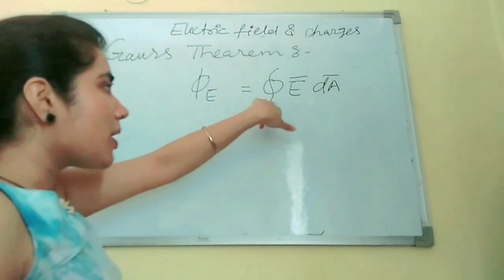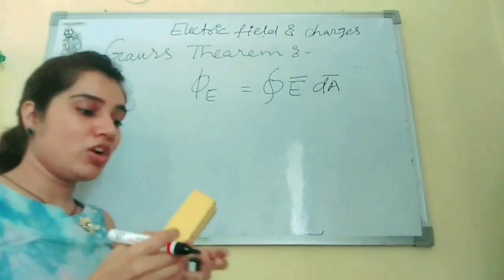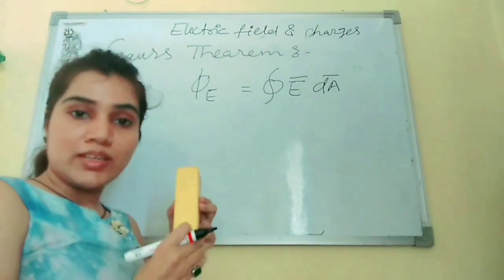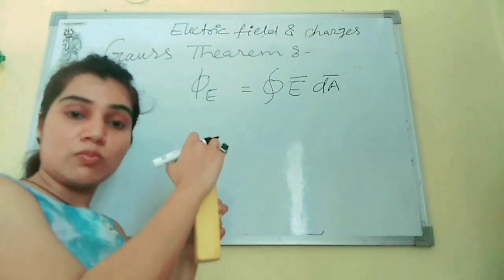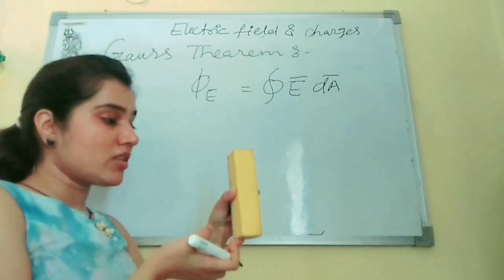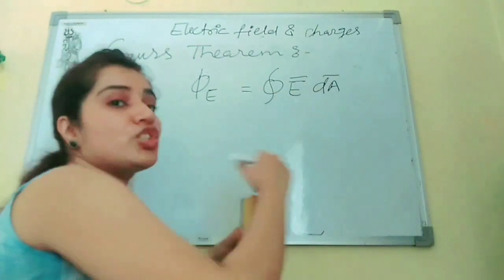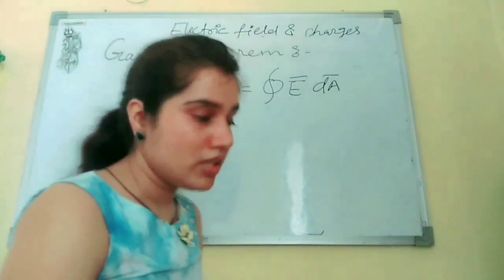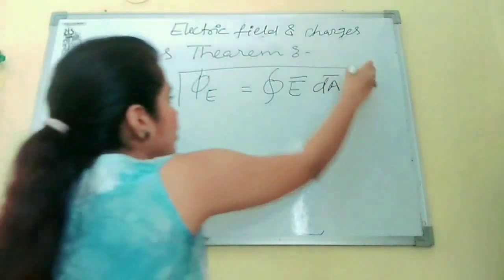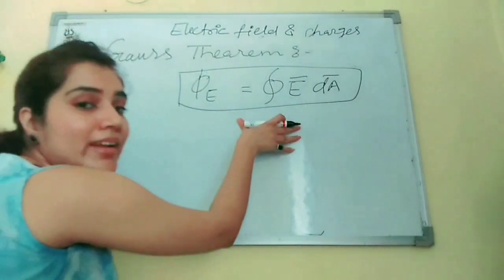Why is this the summation of E·dA? Because this is the surface and the flux is linked with this surface, with this surface, with this surface. So this is the summation of the flux which is linked with all the surfaces. This is simply the notation of electric flux.